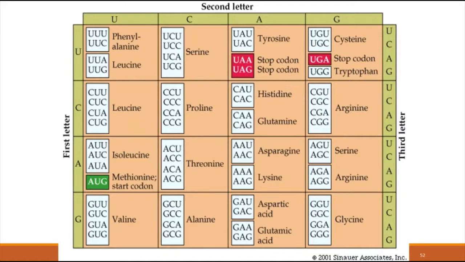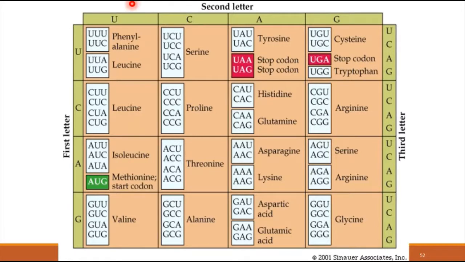Now, the table might look a little bit overwhelming, but there's actually a specific way that you go about reading it, which is that on the left-hand side, the first letter is used to organize the different codons into rows. So if the first letter of the codon is a U, you look in the first row. If it's a C, you look in the second row, etc. The second letter of the codon is listed up at the top.